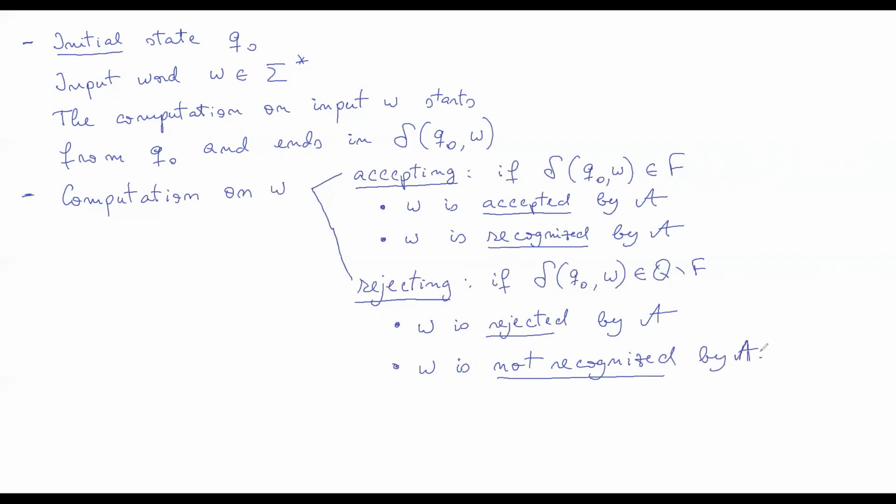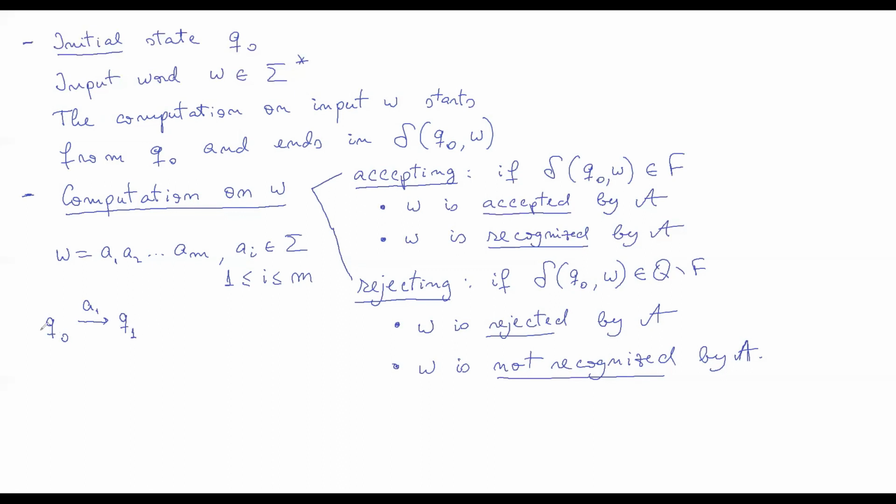So here you have the idea of a computation on an input word, and the way the computation goes is really driven by the definition of delta. You start in Q0 and you read the first letter of W. If W, for example, is A1, A2, all the way to AM, with AI being letters of your alphabet, then your computation will start from Q0, and you read letter A1, and that's going to bring you to a state Q1.